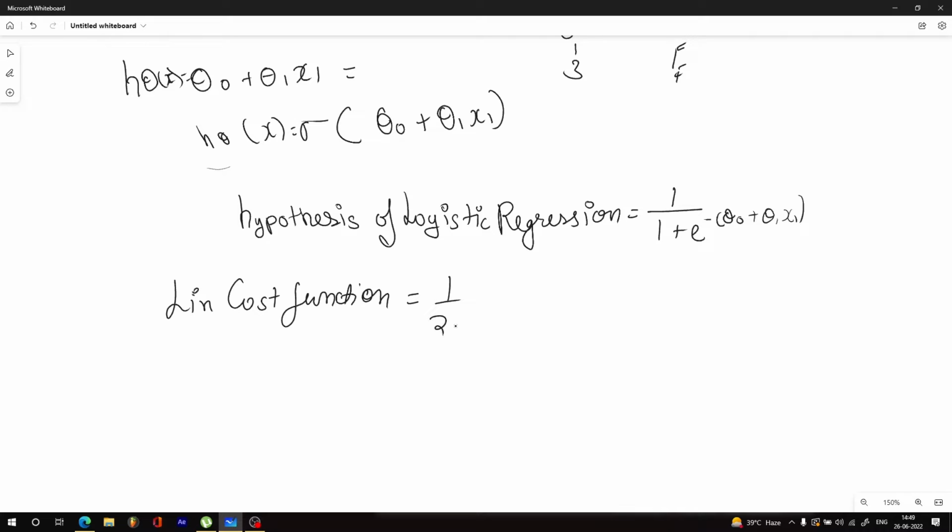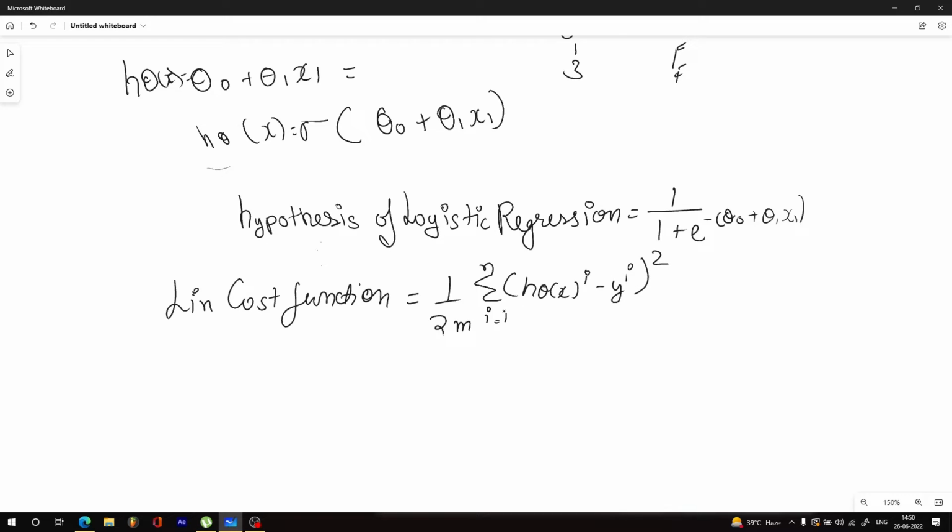If you remember from my previous video, it was 1 by 2m, where m is the number of points, times the sum from i equals 1 of (h theta of x i minus y i) whole square.